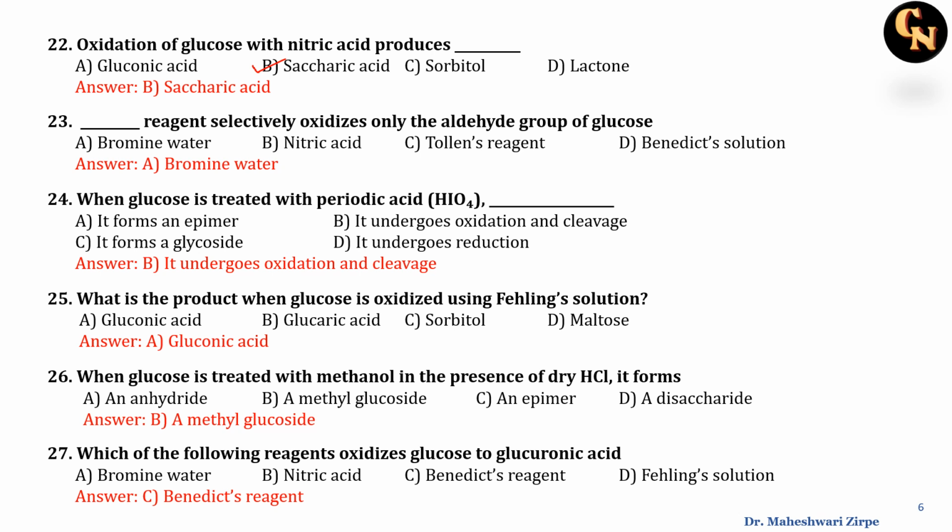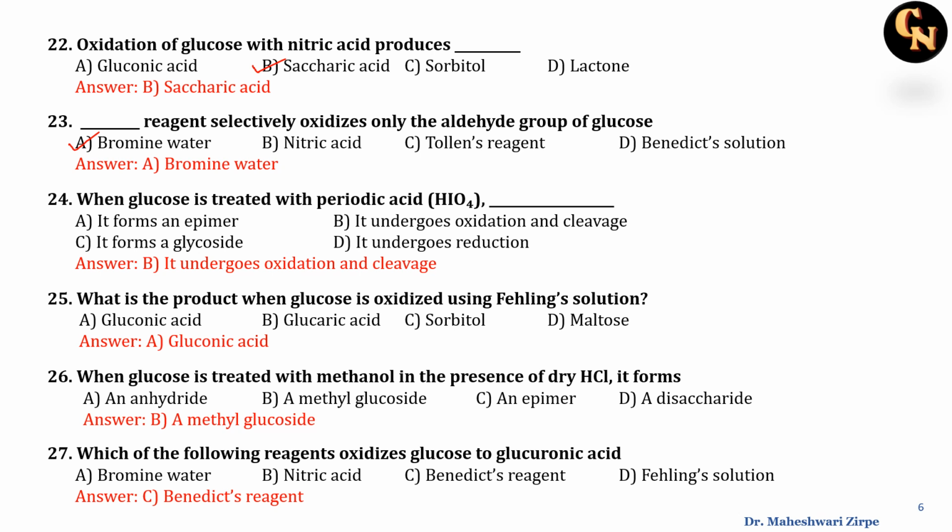Then next is the 23rd one: dash reagent selectively oxidizes only the aldehyde group of glucose. So selective oxidation can be done using bromine water. Option A is the correct one. The aldehyde group of glucose will be oxidized selectively.